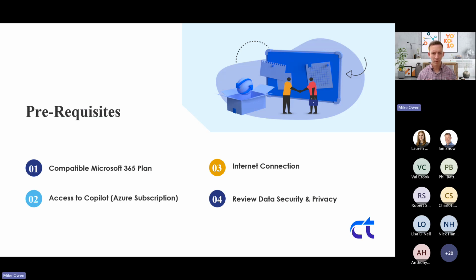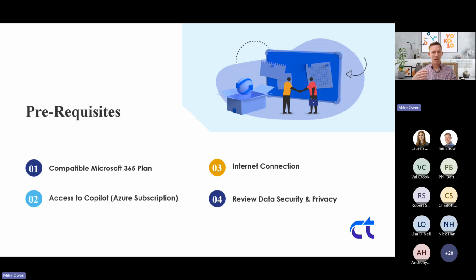So from a prerequisite stance, there isn't actually an awful lot that you need to get going with Copilot. You've got to have a compatible Microsoft 365 plan. You cannot buy Copilot by itself. It's an add-on license, and you must already have access to Office 365, Microsoft 365 in some way.